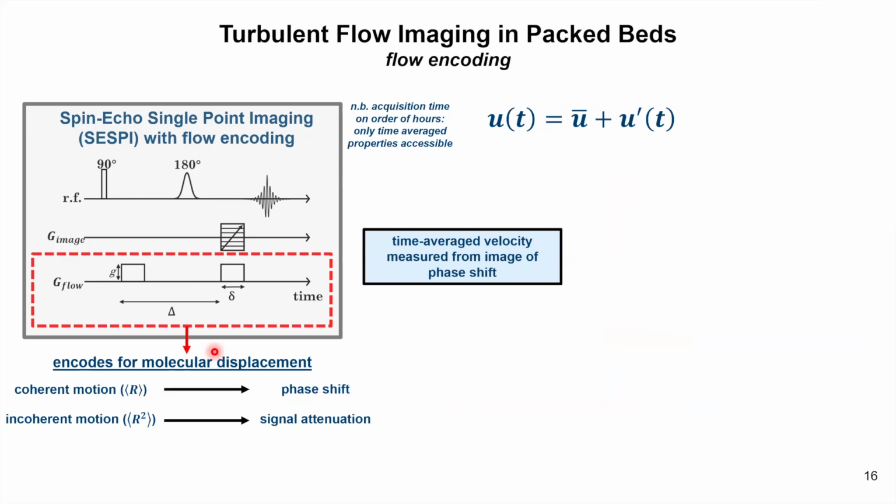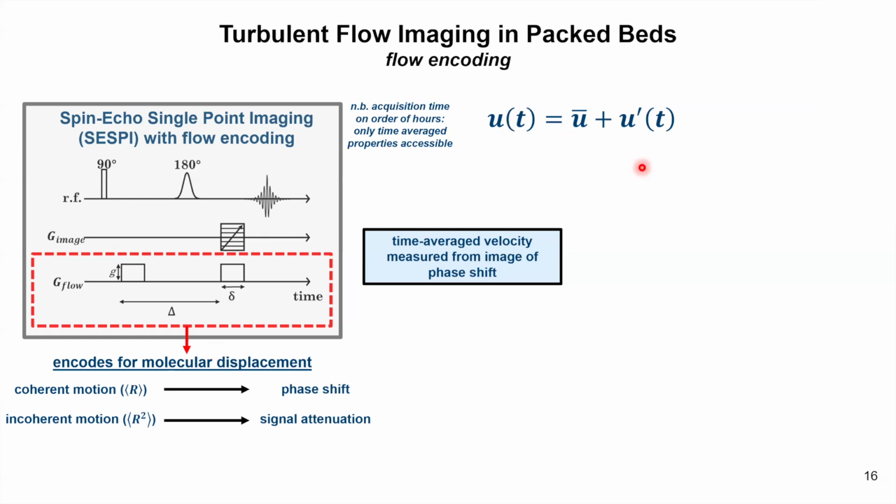So we do the velocity encode or motion encode with a standard pair of gradients separated by 180. Obviously, as we know, for coherent motion we expect to get a phase shift. For incoherent motion, from the variance of the displacements, we get signal attenuation. Now, how is that useful for us when we're looking at turbulent flows?